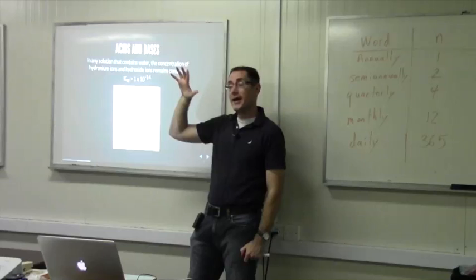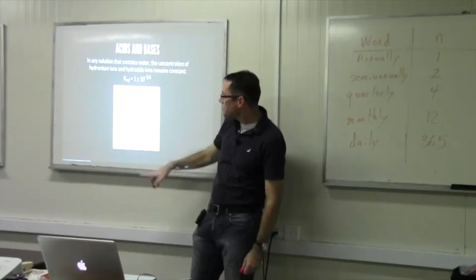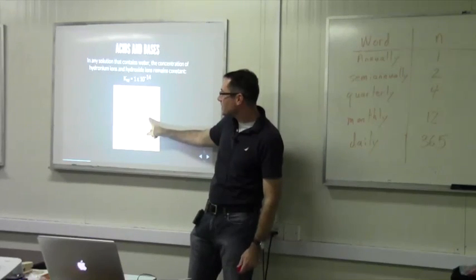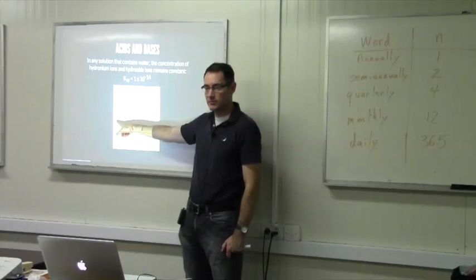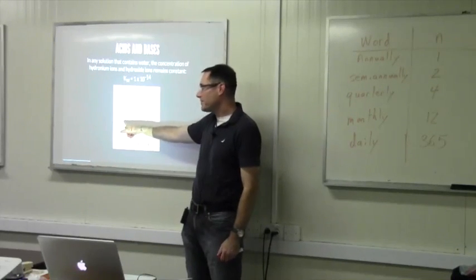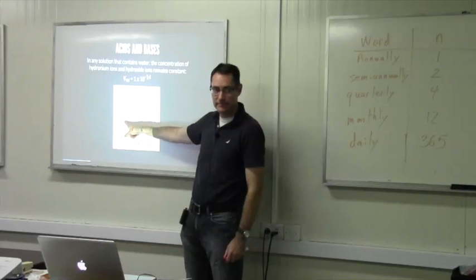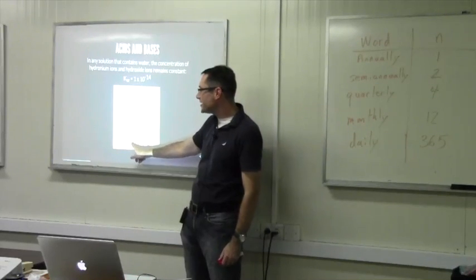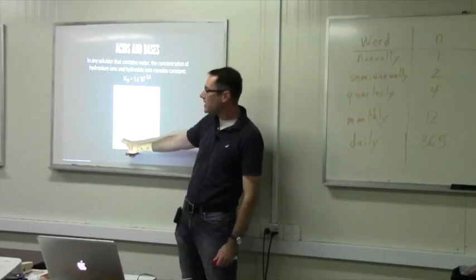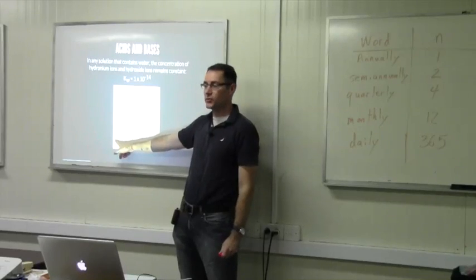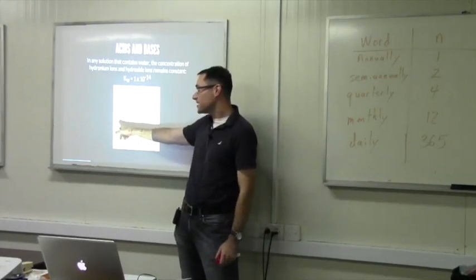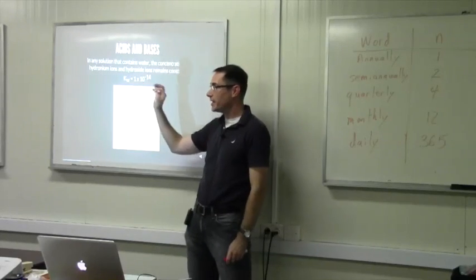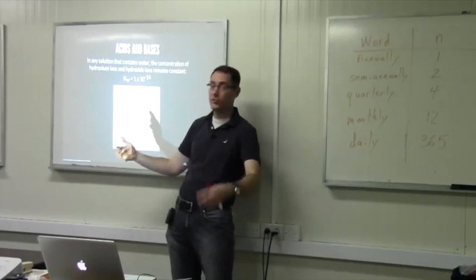But if you've got an acid, you've got lots and lots of hydroniums and not many hydroxides. And if you're in a base, you've got lots and lots of hydroxides and not many hydroniums. That's because in an acidic solution, you've got lots of donating of these protons. So what is it donating them to? The water.